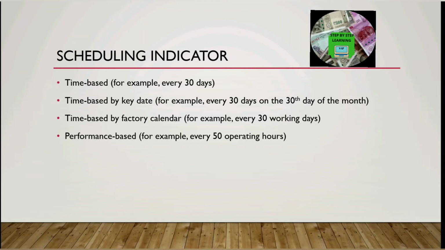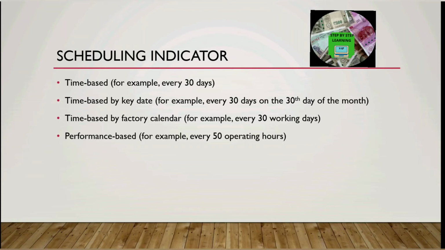The last one is performance based. This is generally used for performance based maintenance. Performance based means, as we already discussed in the topic of counters, counters are used for performance based maintenance. So with the help of counters, whatever maintenance we are performing and creating the maintenance plan for, that is the performance based maintenance plan.